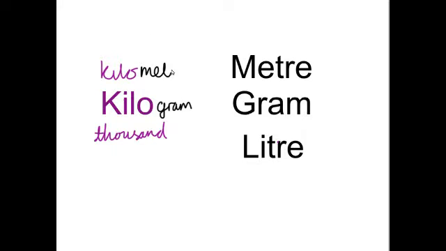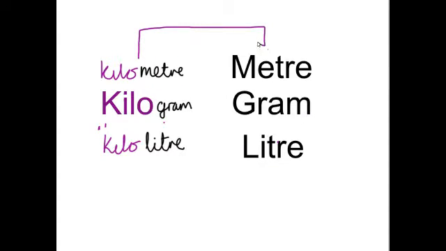I can't ever remember seeing kiloliter, but I'm sure it exists. If we have a kilometer, kilogram, or kiloliter and we're converting to its root measurement, meters, grams, or liters, like we just did, we multiply by 1,000.